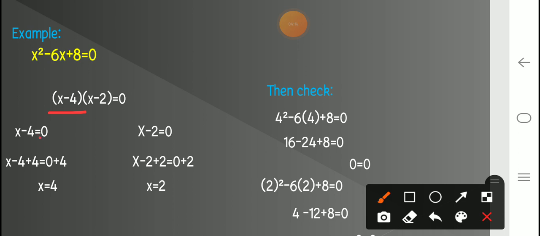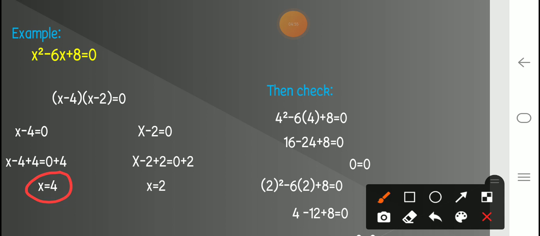To get x, we apply the addition property of equality: adding 4 to both sides. So x is equal to 4. This is our first value of x.